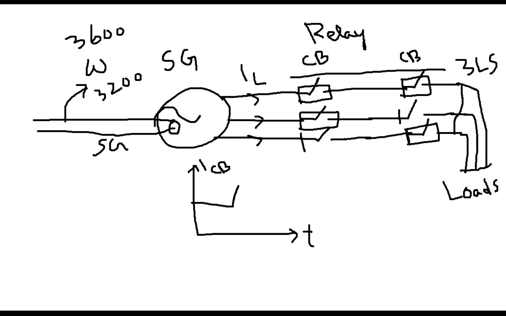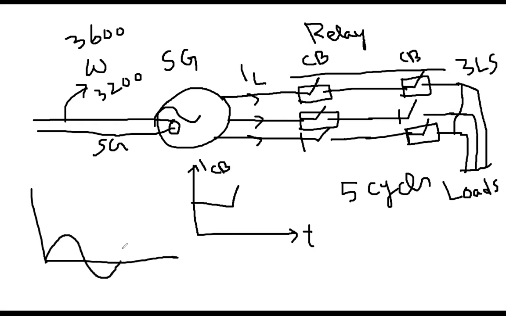That time is typically 5 cycles. You can note that down, 5 cycles of the waveform. What does 5 cycles mean?